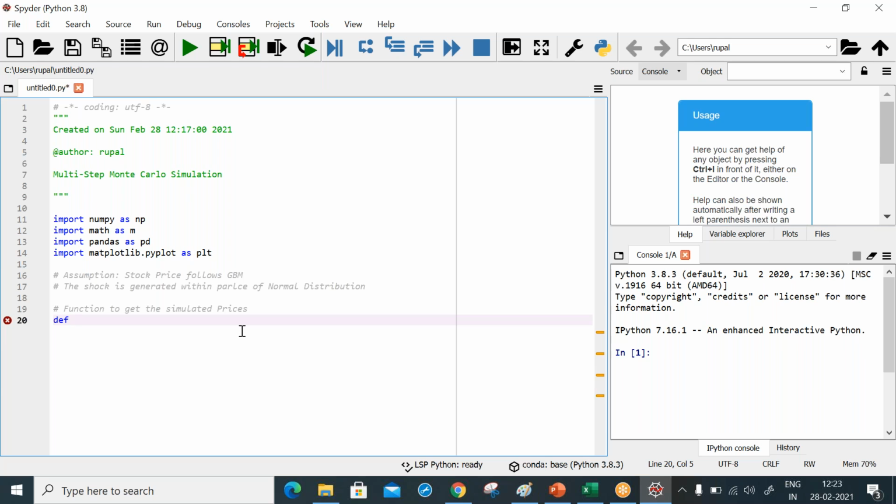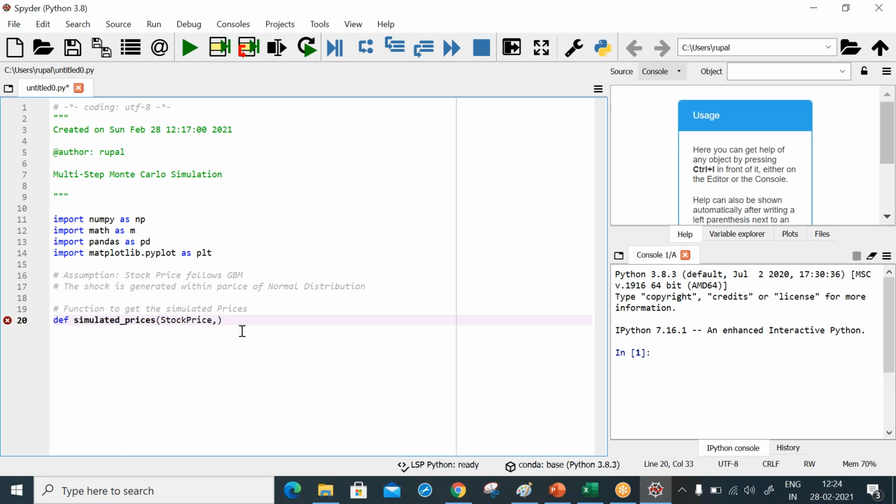Our function will be simulated prices. Def is the keyword that is used to define the function, so I am defining the function. The first step is to take the stock price. All these are the variables that will be required.